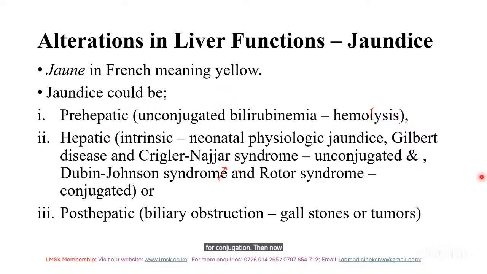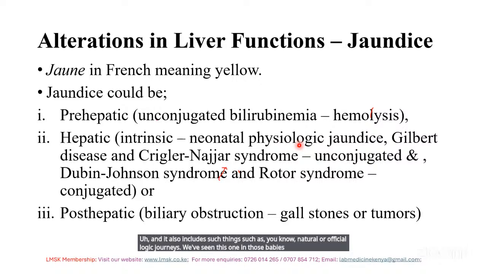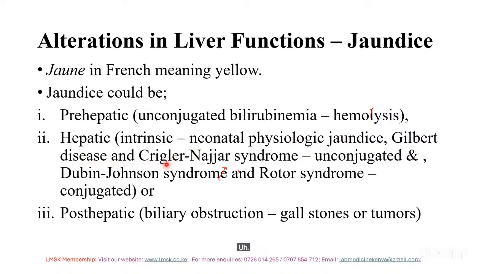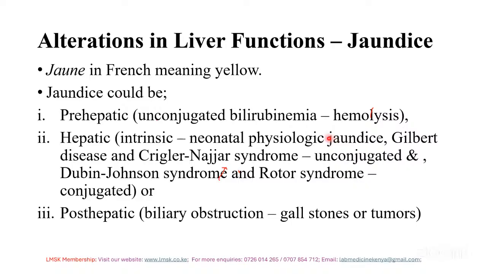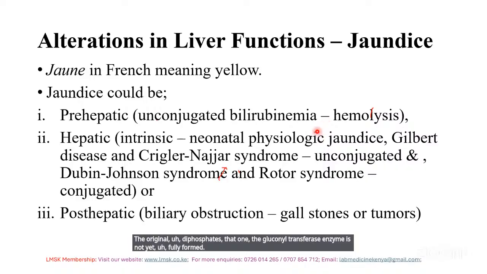Then we go to the hepatic function, where this is now intrinsic to the liver itself. It also includes such things as neonatal or physiologic jaundice. We've seen this in babies that are born premature. In Gilbert disease or Crigler-Najjar syndrome, these are all complicated by unconjugated bilirubin. In children, the uridine diphosphate glucuronyl transferase enzyme is not yet fully formed, so the conjugation process is impaired.